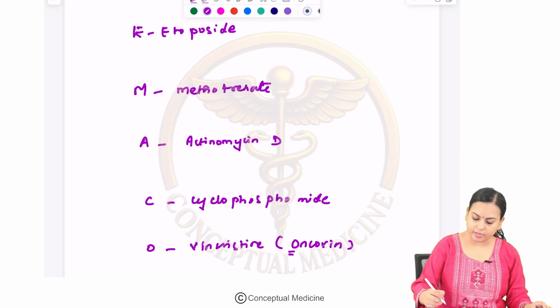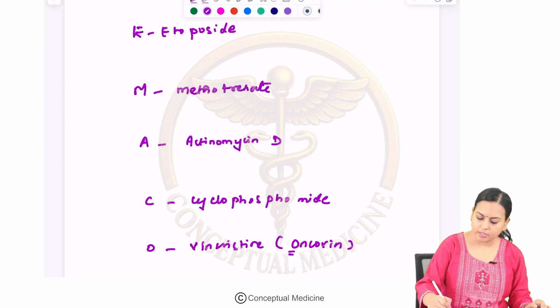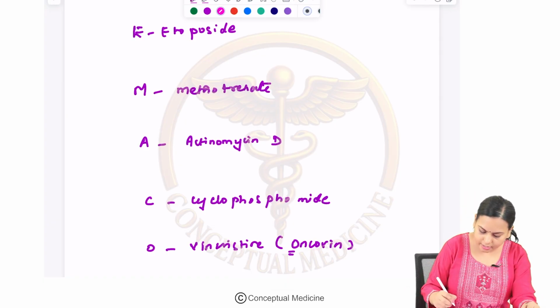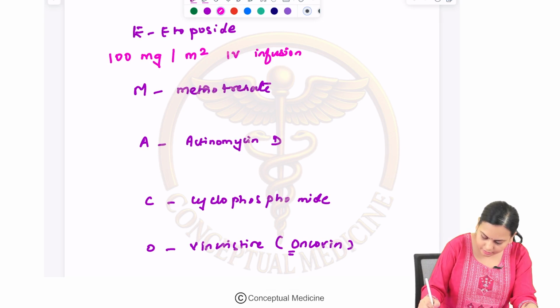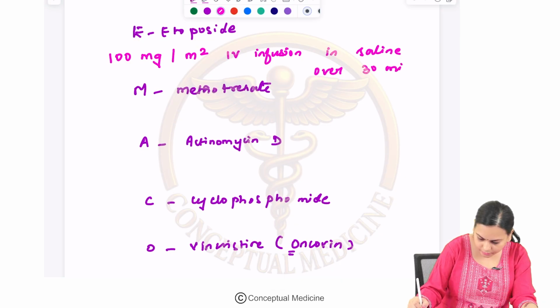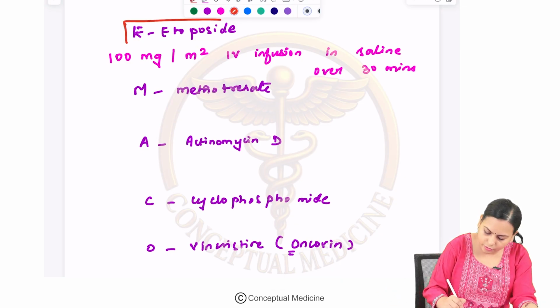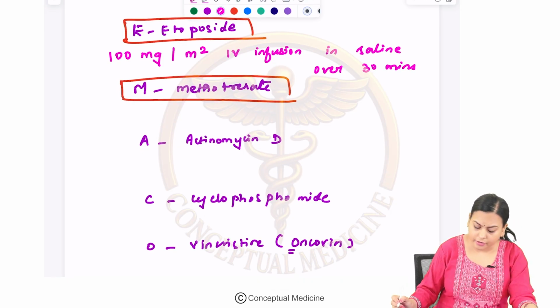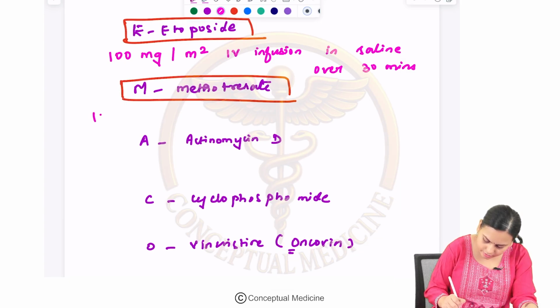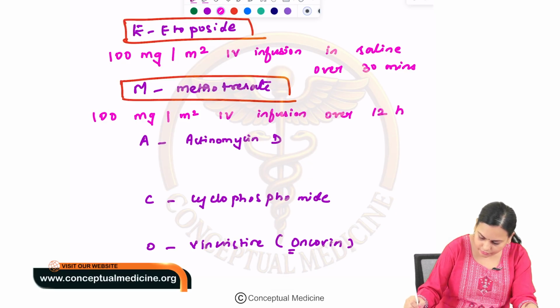Clear? Right. Now let us see the doses at which these drugs are given. Etoposide is given at a dose of 100 milligram per meter square as an IV infusion in saline over 30 minutes. The next drug is methotrexate, given at a dose of 100 milligram per meter square IV infusion over 12 hours.